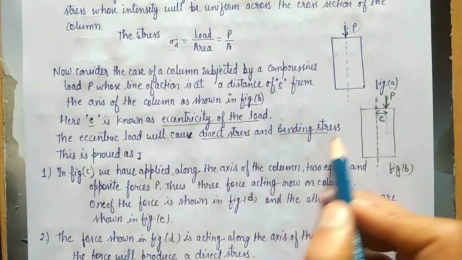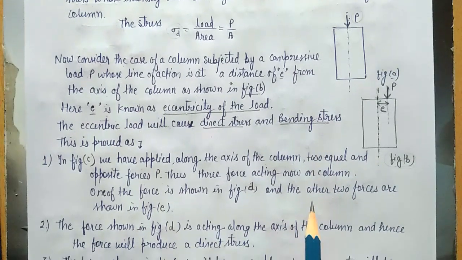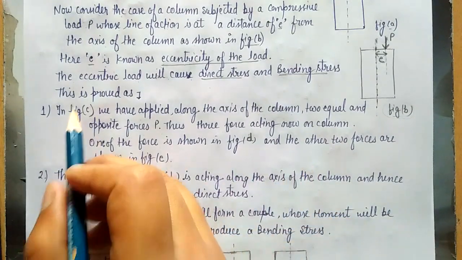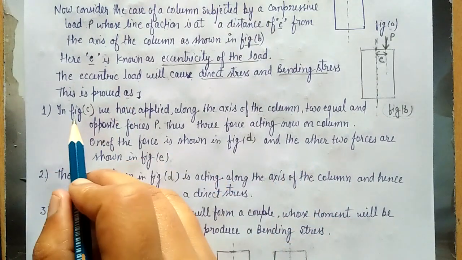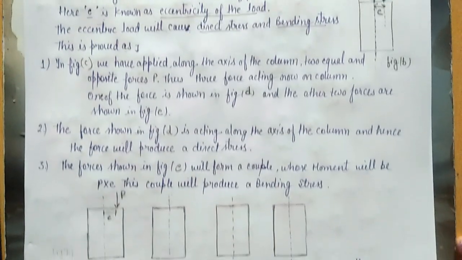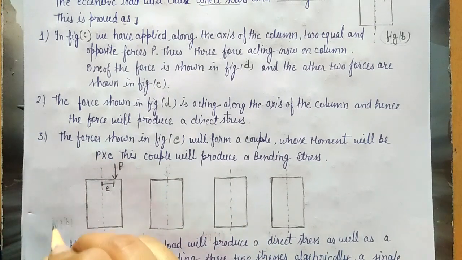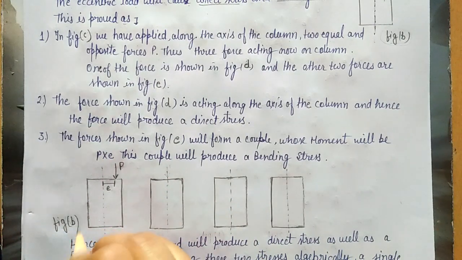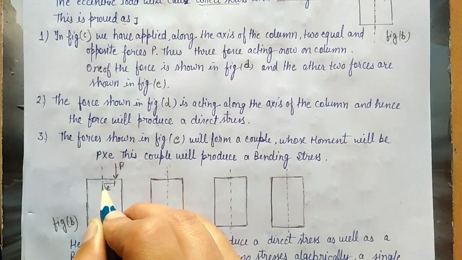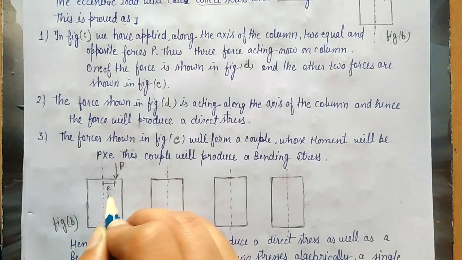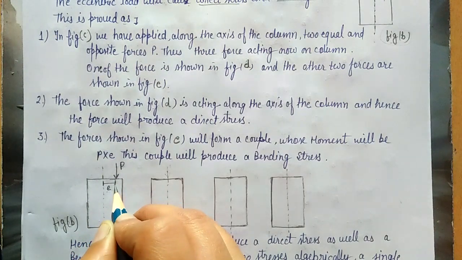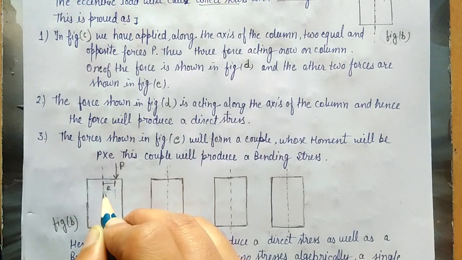How does bending stress come into the picture? Let's discuss below. Let us consider the case of figure C. Here, figure B has a load at the eccentricity E, right? The line of action of the load is at the eccentricity E from the axis of the column. This is the axis of the column.